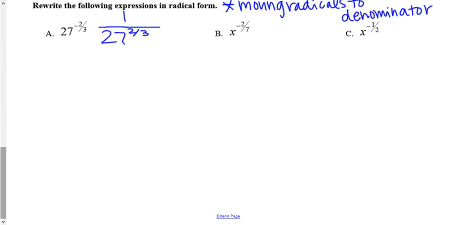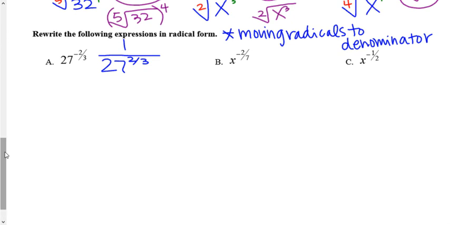Now, I know I'm going to have to change this to a radical, but it's all going to stay in the denominator. So I'm going to have 1 over 27, and I'm going to create this radical to work with. Now, we all know that my denominator, you can pull it from either there or here, it's the same, is going to become my root.